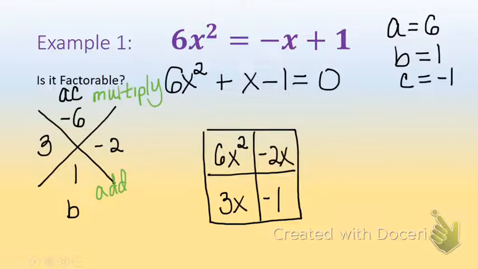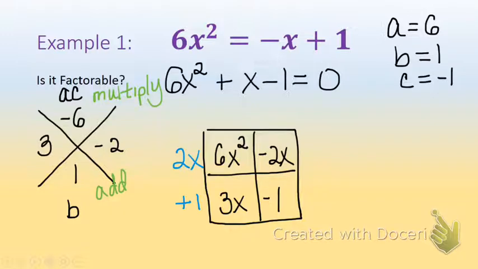So now let's go row by row and take out our GCF. When looking at that top row, 6x squared and negative 2x, they have a greatest common factor of 2x. In the bottom row, we have a 3x and a negative 1. The greatest common factor is positive 1.